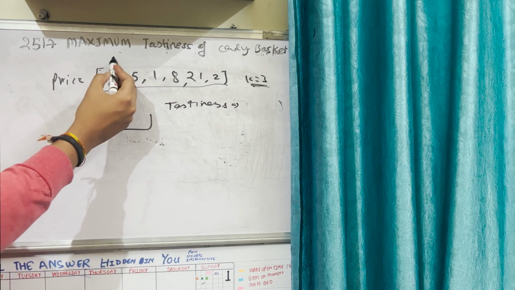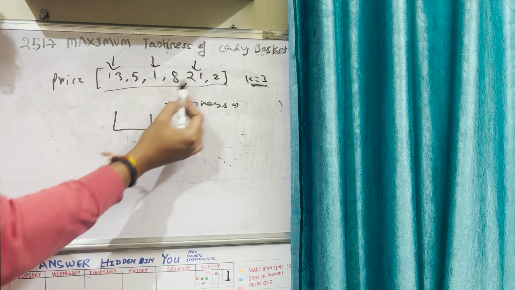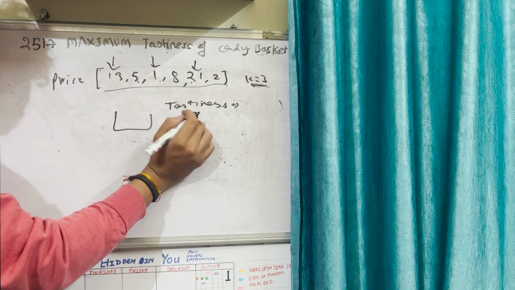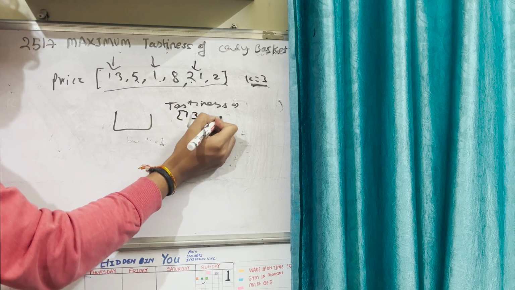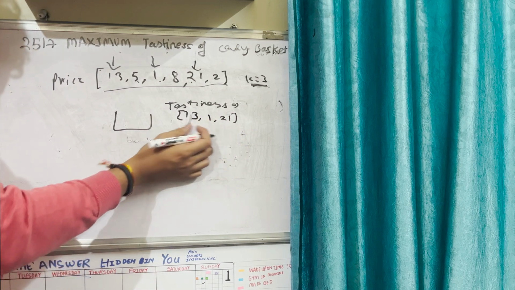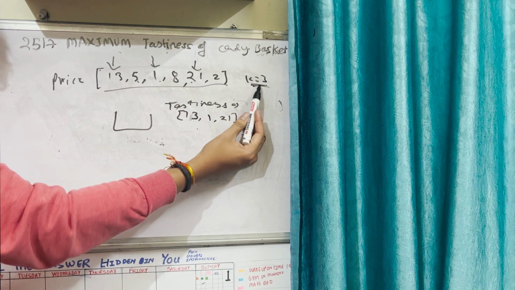For example, if we are taking these 3 candies, 13, 1, 21, in your basket, and why I took 3 candies, because k equals 3, you can only take k candies.